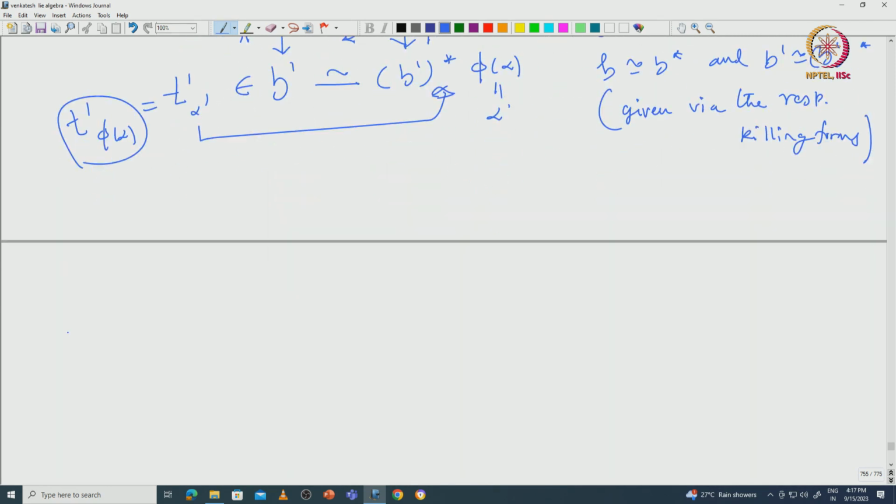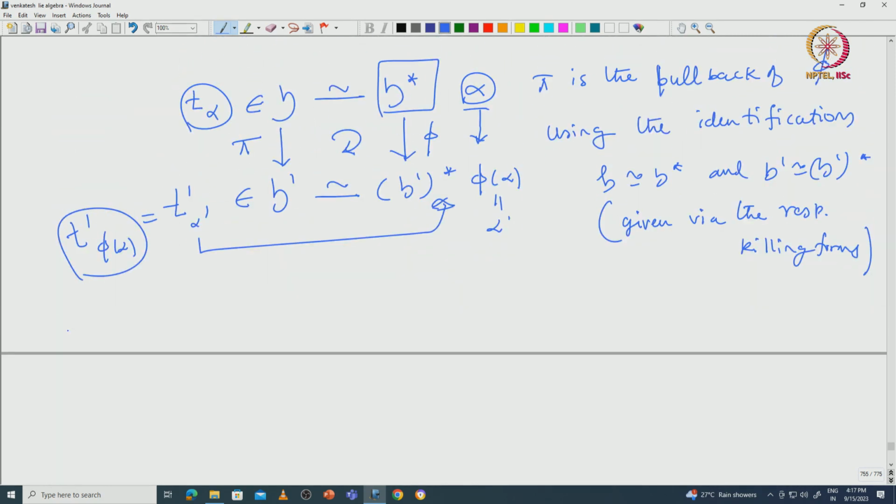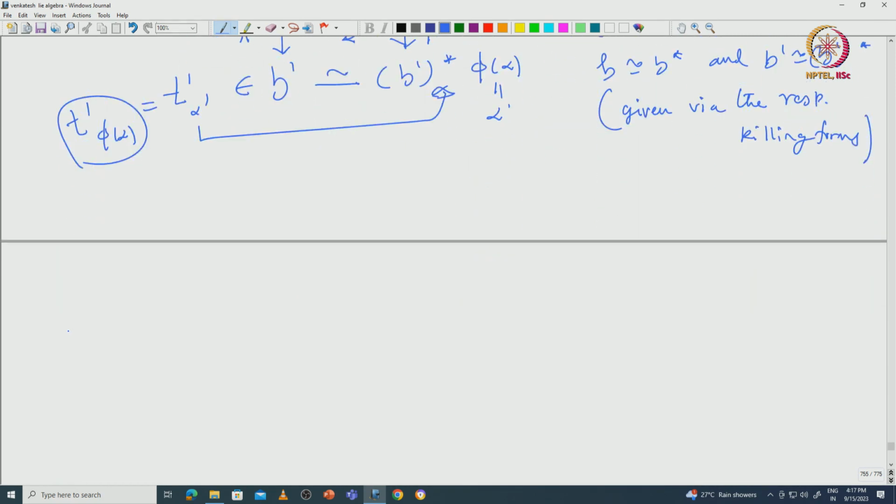Note that we also assumed pi to be an isometry, and recall the definition of H alpha. H alpha is nothing but 2 T alpha divided by alpha alpha. Similarly, H alpha dash will be 2 T dash alpha dash divided by alpha dash alpha dash.